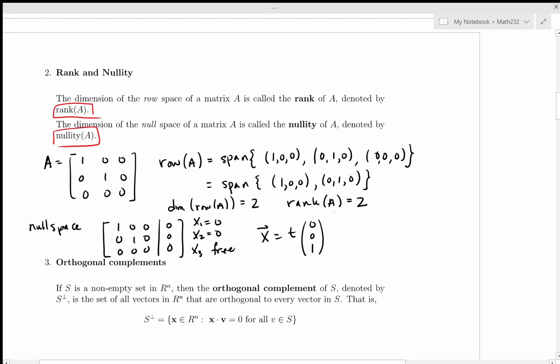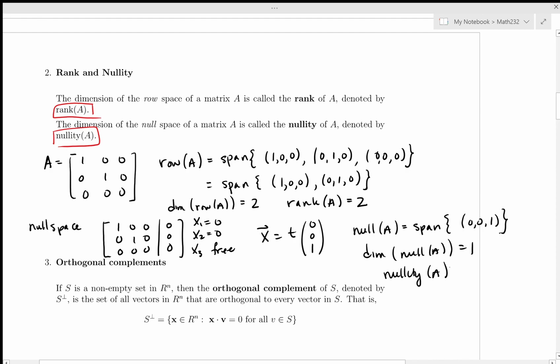So the null space of A is the span of this vector, and the dimension of the null space of A is 1. There's one linearly independent vector in there. So I could write that nullity of A is equal to 1.